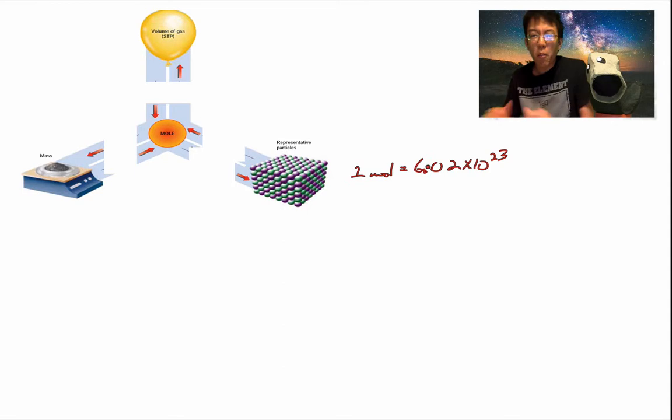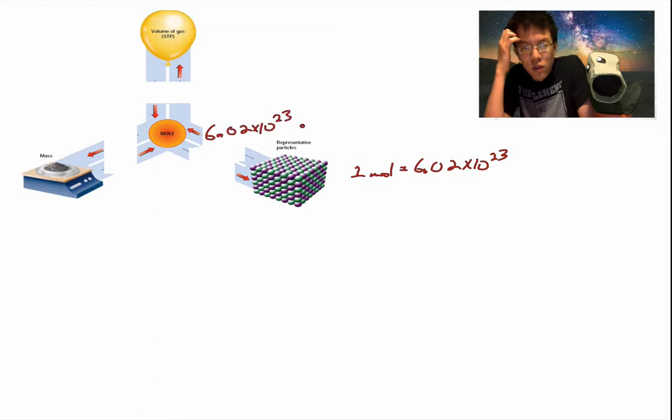So I could talk about a mole of pencils, but I wouldn't want to because who has that many pencils, or who would want that many pencils? Generally it's only used with atoms. And the mole can be used to get to a lot of different units in chemistry. If I have 1 mole of sodium, how many sodiums is that? Well, that's 6.02 times 10 to the 23rd atoms of sodium per 1 mole.